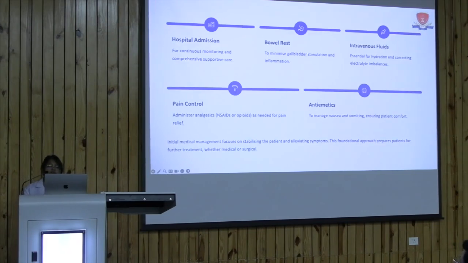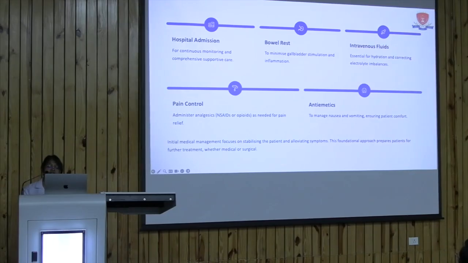Experience shows that in more than 90% of cases, the symptoms of acute cholecystitis subside with conservative measures. They are as follows: hospital admission is required for continuous monitoring of vitals and comprehensive supportive care, bowel rest to minimize gallbladder stimulation and inflammation.